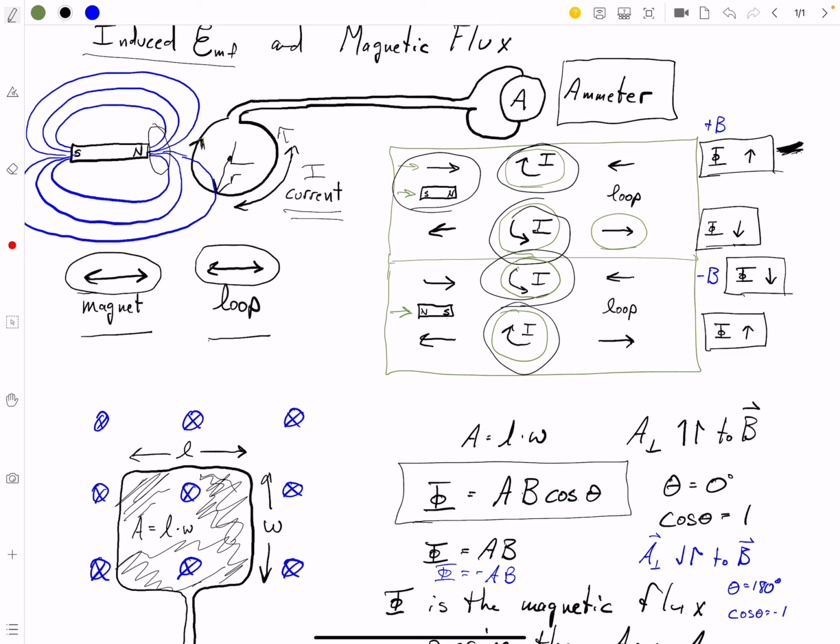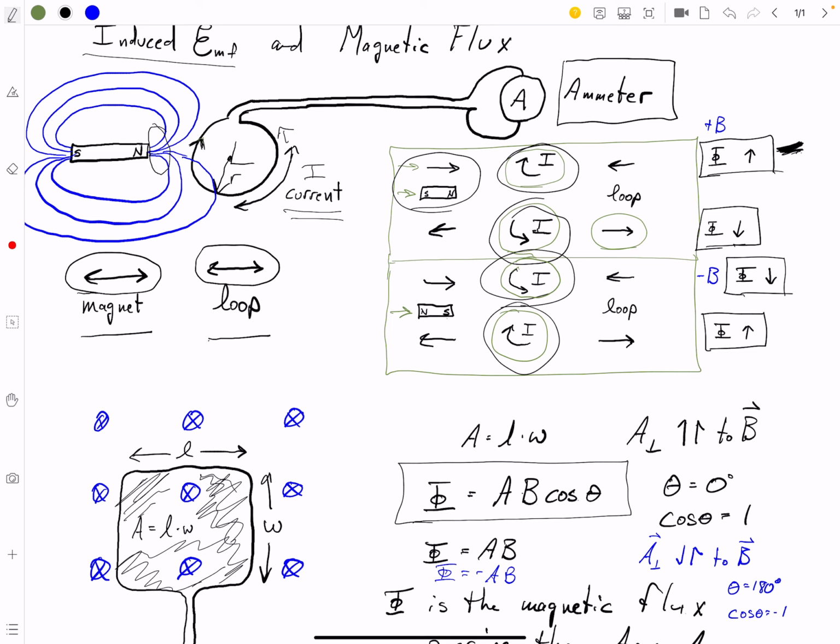And as it's increasing, the current generated goes to the upside on the left. So what we're saying is, here's the thing. We're increasing our magnetic flux through. But what does that current want to do? That current has to be generated such that it wants to equalize the situation.